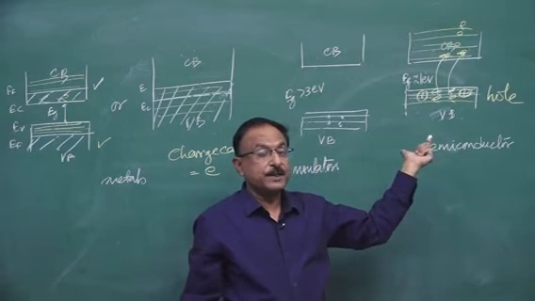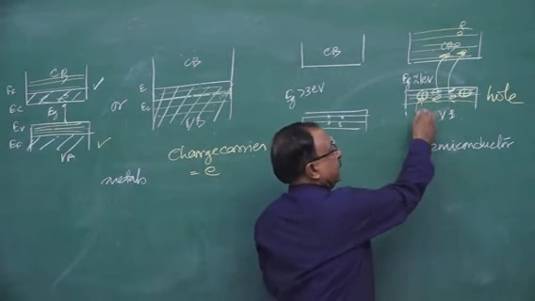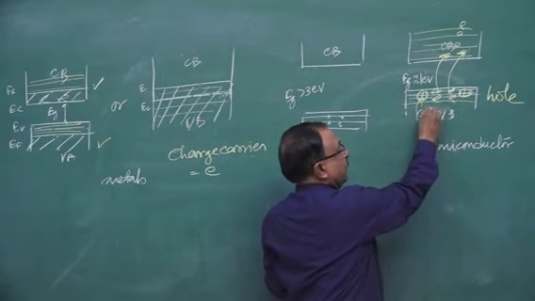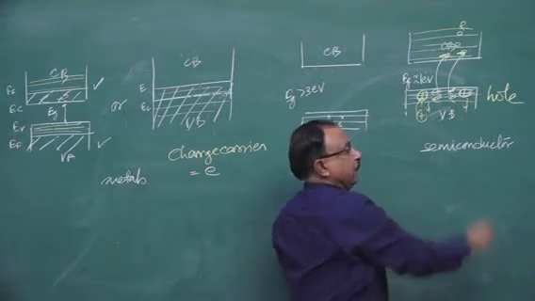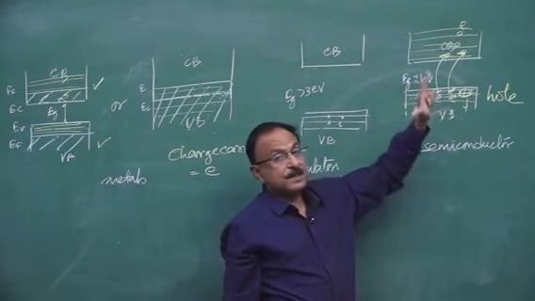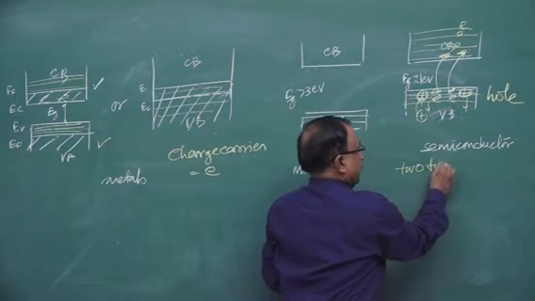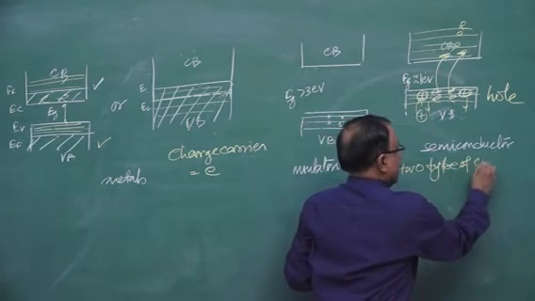These holes have got the permission to move in the valence band. Now how can these holes move? An electron from the lower energy level may come over here and occupy the hole, and the hole may shift down deep in the valence band. So simultaneously in the semiconductor, there are two types of charge carrier.